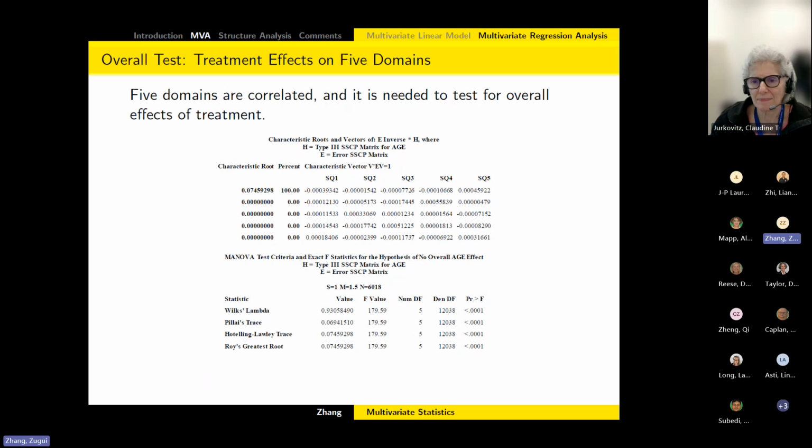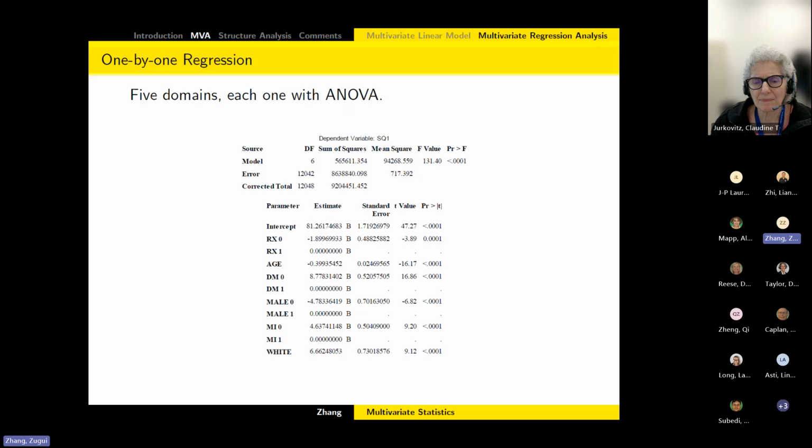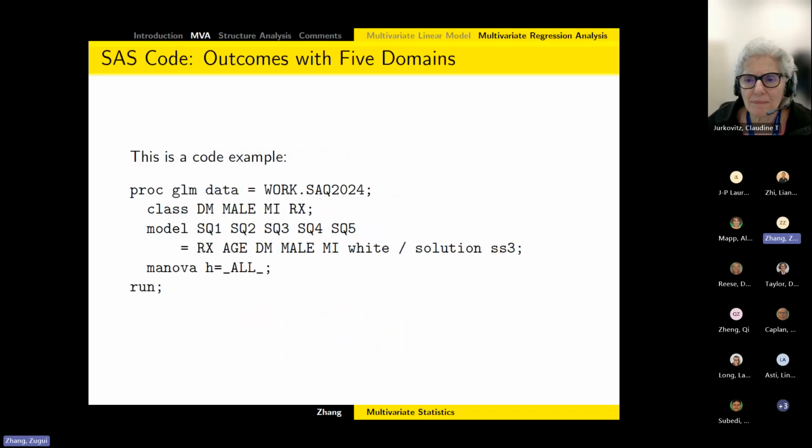I see. Compared to others, see here, this is very simple. We just need to add one. For the model, on the left side usually we only have one variable, but here we could have as many variables as outcomes. For the outcome, we only need one line, MANOVA.